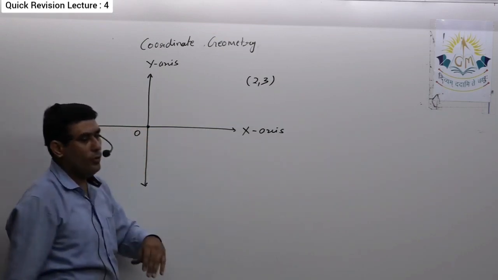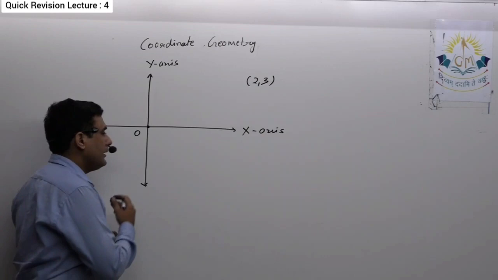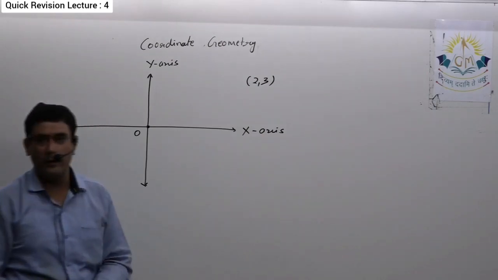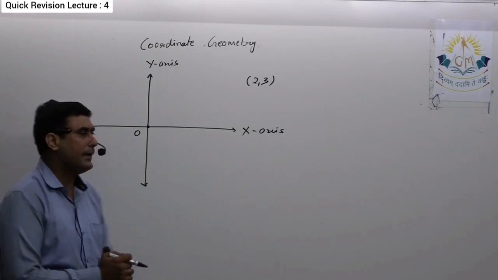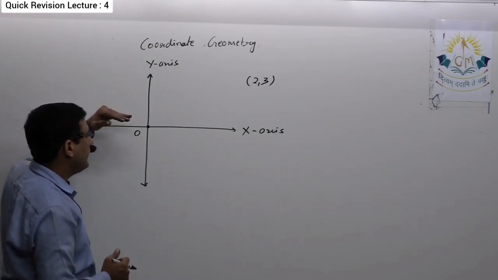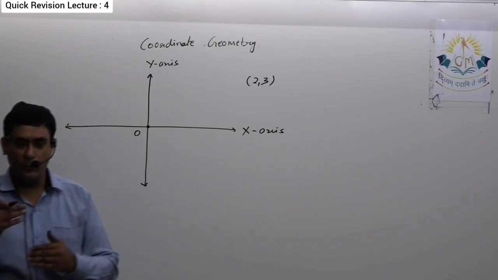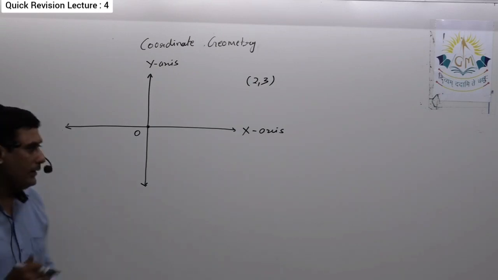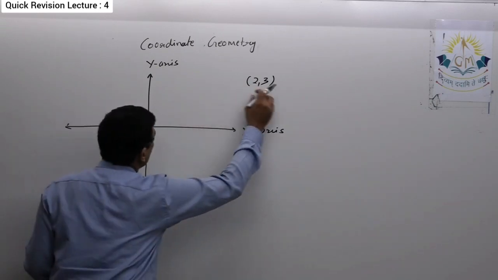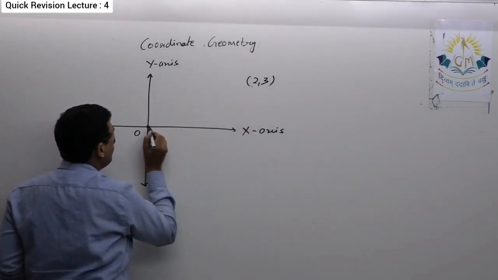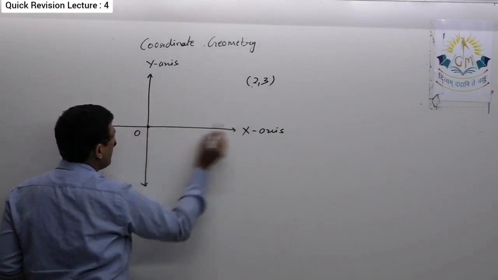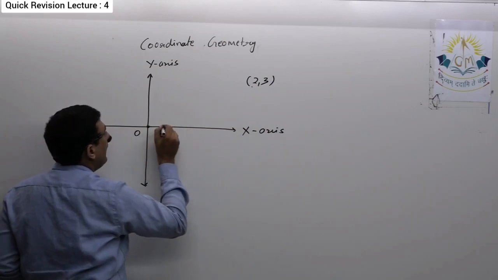Now we know that the direction on our right-hand side we consider as positive and the direction on our left-hand side we consider negative. Similarly, when we move upward we consider it positive and when we move downwards we consider it negative. Here the point is (2, 3), both are positive. That means to reach the point 2 I have to move toward the right of the origin up to 2 units.